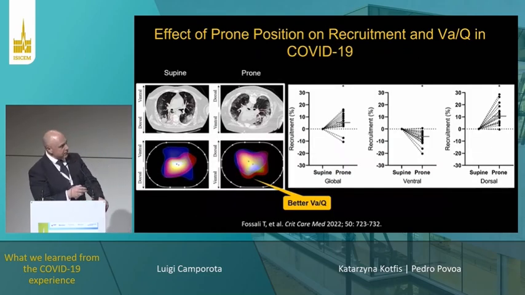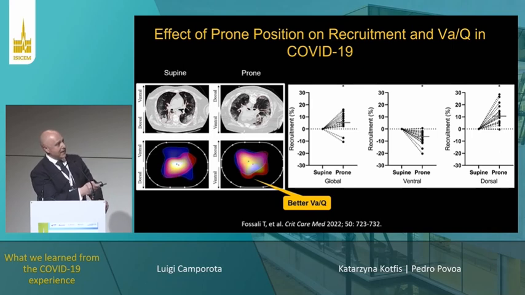Now, this is a study comparing CT scan and EIT. You can see in blue the EIT ventilation map, and in red the perfusion map. What you can see is two things. First, you can see recruitment in prone position, particularly of the dorsal regions, and atelectasis in the ventral region.